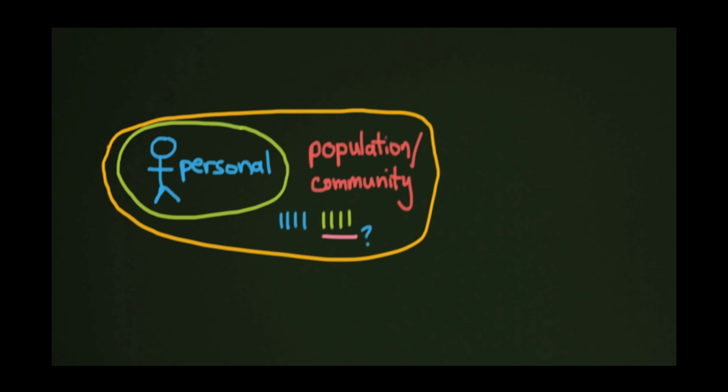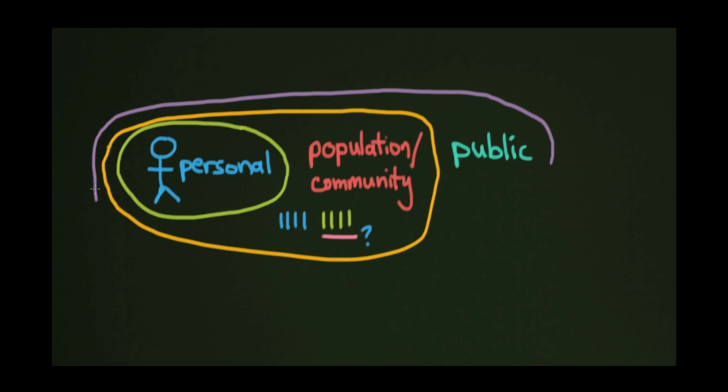And then you've got the public level. You've got public health. And public health is an extension, or just a broader term that basically means the same thing as the layer below it, except that it has a lot more to do with things like policy, which we'll probably not be talking about too much in this course, but it definitely has more to do with policy and action, and it's with even bigger groups of people.